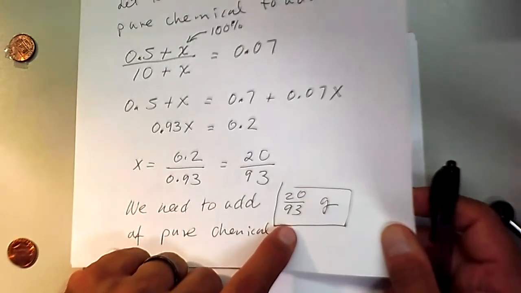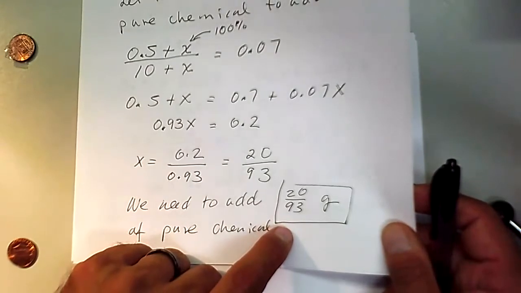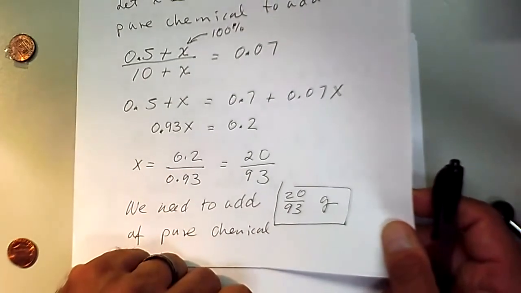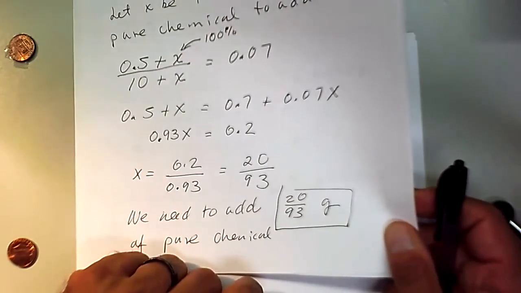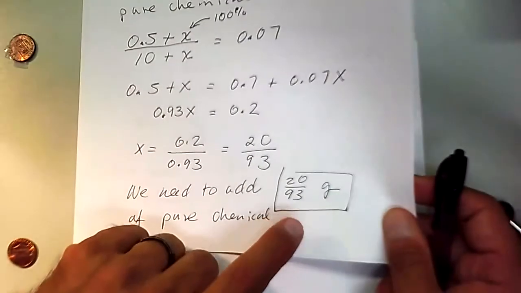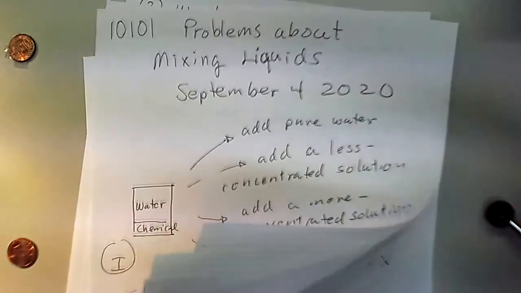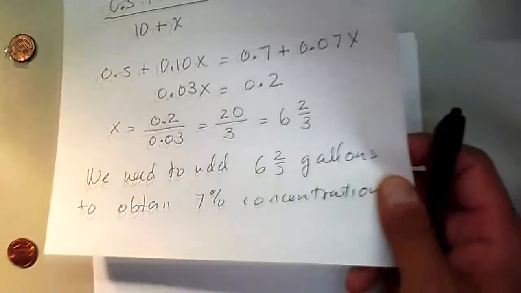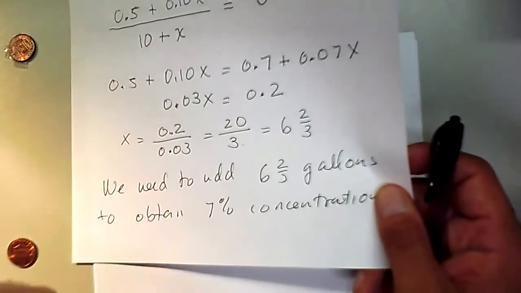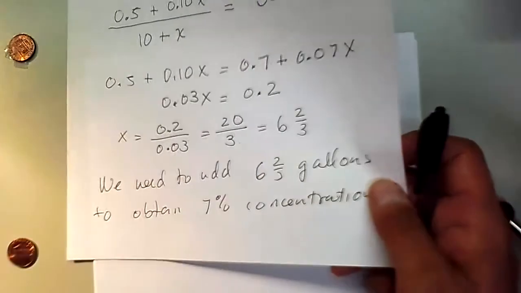So we have now not quite 11 gallons, but maybe somewhere in the neighborhood of 10.22 gallons of the liquid. Now we have the concentration we wanted, which is 7%, and we end up with more. The other problem here, we end up with 16 2/3 of a gallon. So we end up with quite a bit more.